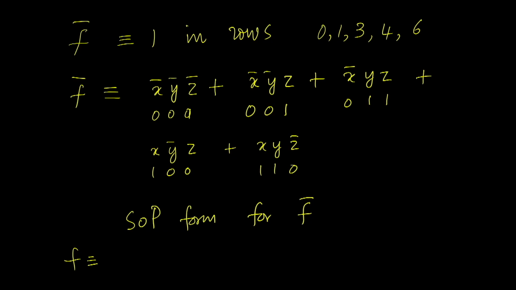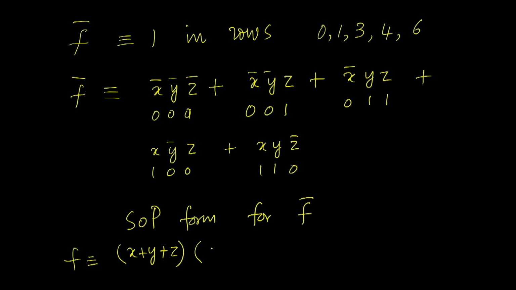So we should take the complement of x bar, y bar, z bar, which is by De Morgan's law x plus y plus z, where plus stands for or, that has to be ANDed with the other complements.